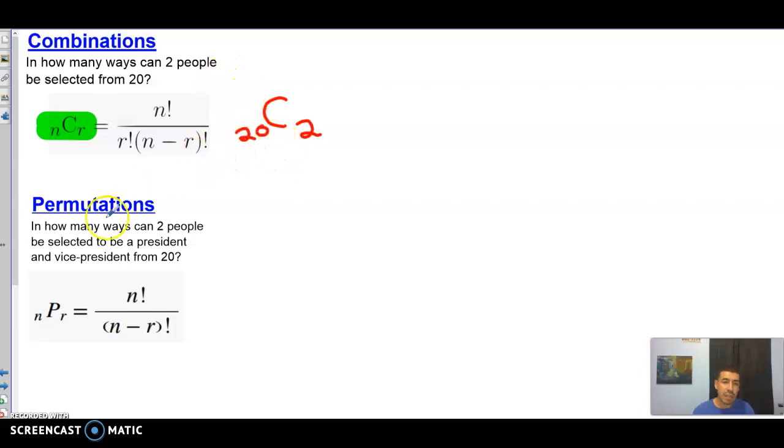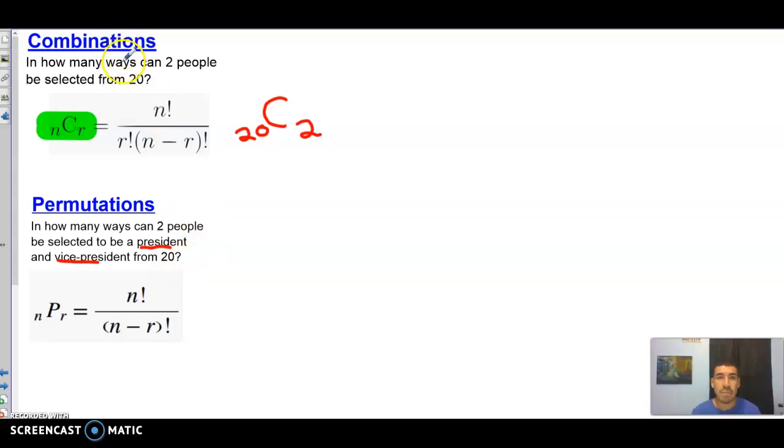Now, before I do that, let me go to the permutations. This is a very similar problem, but the order does matter. So let me read the problem for the permutation problem. In how many ways can two people be selected to be the president and the vice president out of 20 people? See the difference?